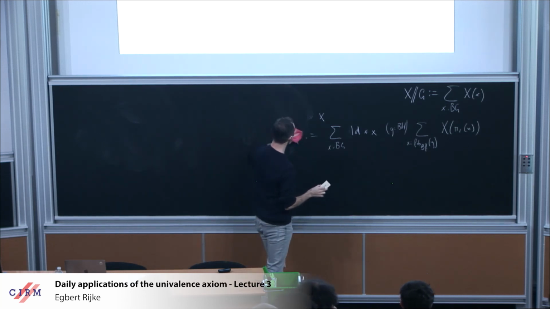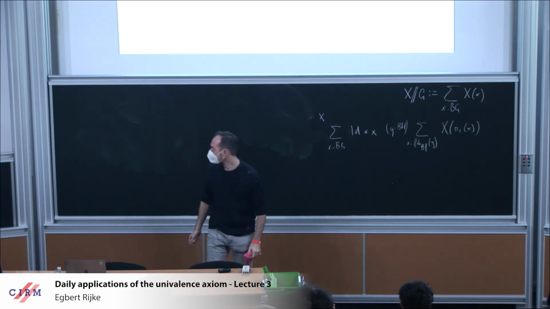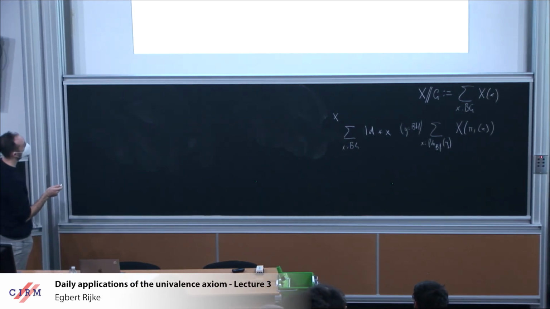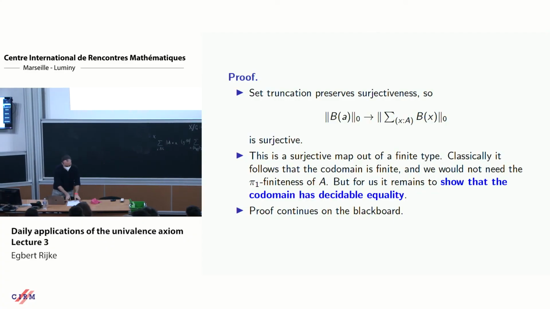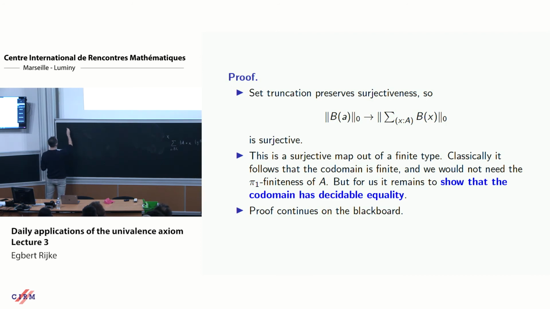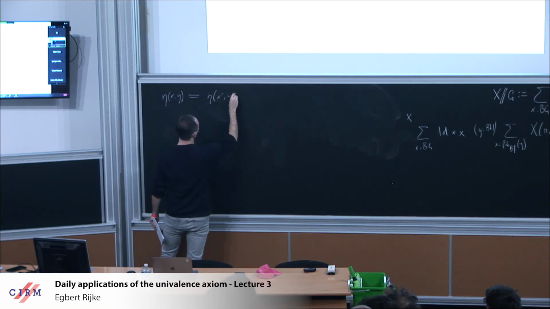Okay. So we're looking at the identity type in there. So basically, what we have to show is that the elements of the set truncation are of the form n x y, because it's a dependent pair type, eta x prime y prime.